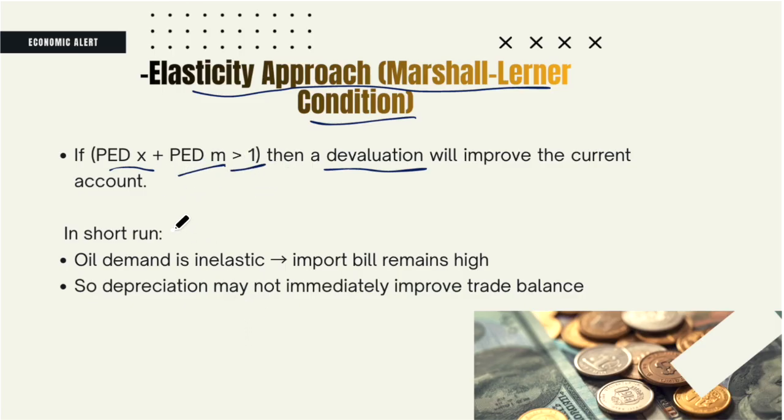However, we know in the short run, the elasticity of demand for both exports and imports is inelastic. As a result, the current account balance will first deteriorate before it starts to improve in the long run. We call it the J-curve effect.